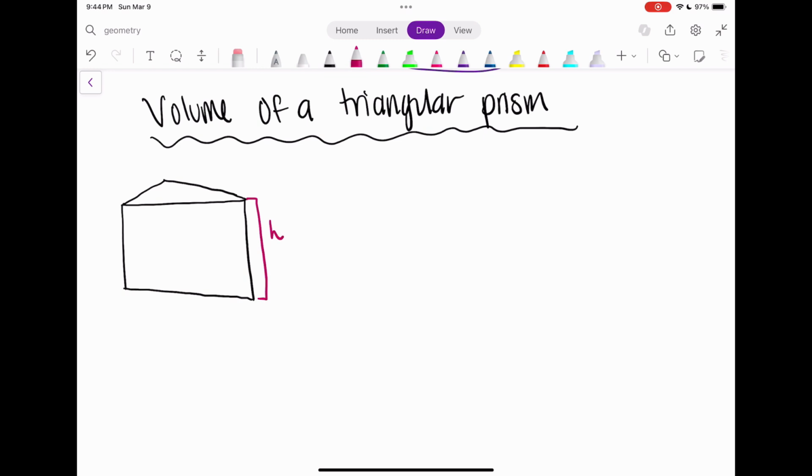My triangular prism is going to have a height of h, and my base is at the very bottom. So if I continue to finish drawing up my triangular prism, if I draw the very bottom part, my base, I should get a triangle. So my base is a triangle. All right, so I'm going to go ahead and write that down.